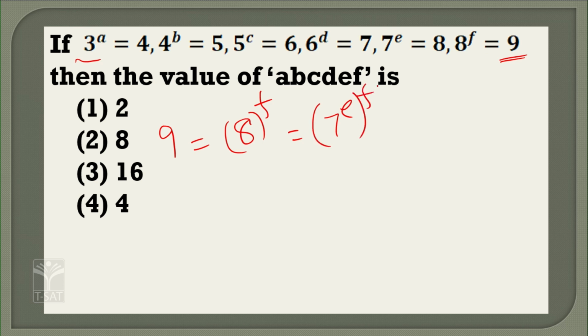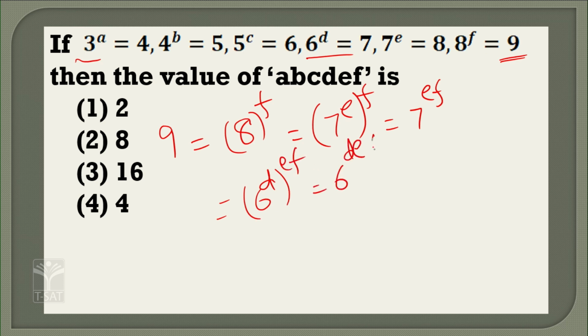7 power e power f means it is 7 power ef. But what is 7? It is 6 power d. So again 6 power d power ef. So you can see it is 6 power def. Again, what is 6? 5 power c. So 5 power c power def. So what will it become? 5 power c def.